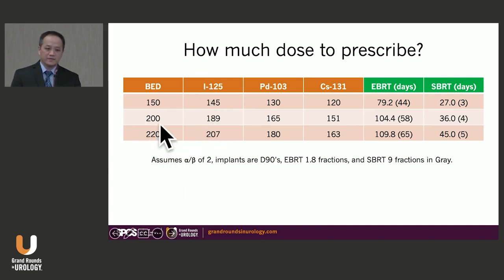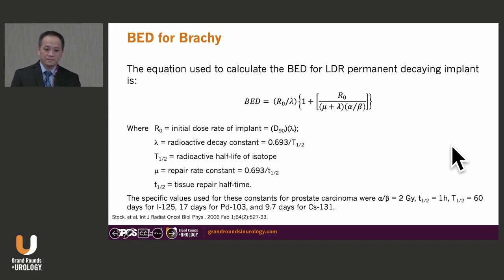I list three different BED levels, and for different types of isotope, I list iodine-125, palladium-103, and cesium-131. I also list the conventional external beam and the SBRT here. So how do we get these numbers? I'm going to describe it in the next two slides, and then I'll come back to this slide later.